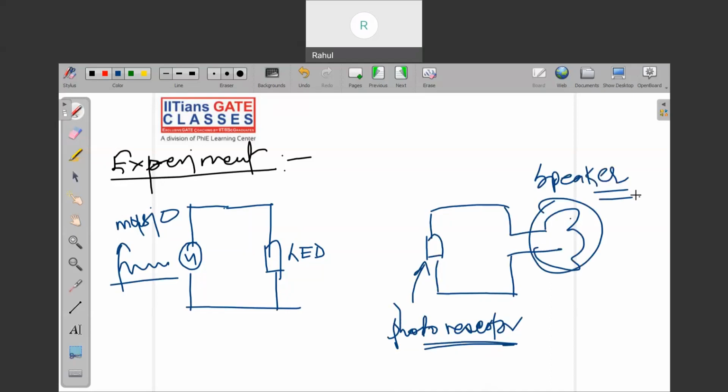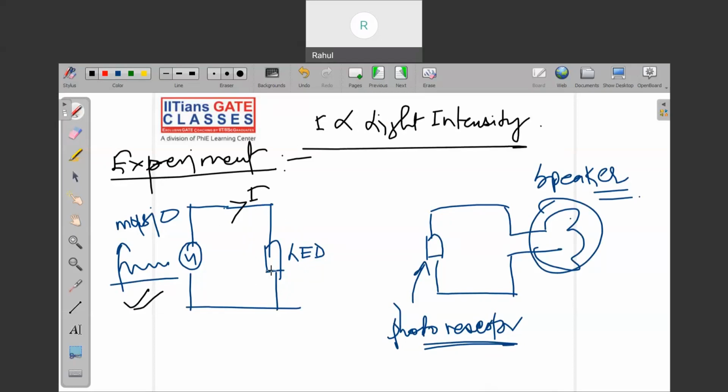Now what will happen is that the moment you play the music, current will flow, and current is directly proportional to the light intensity.